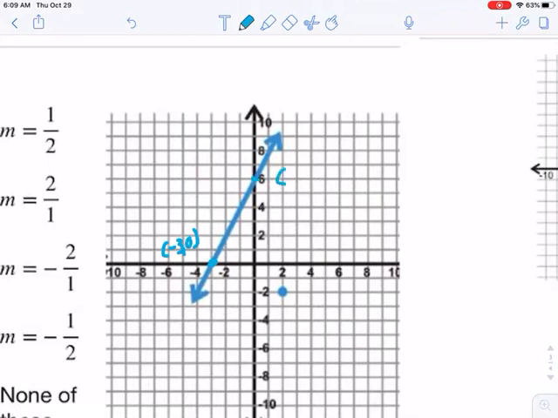That is 0, 6. So let's see, I'm going to go up 1, 2, 3, 4, 5, 6, over 1, 2, 3. So I went up 6 over 3. So this has a slope of 2.